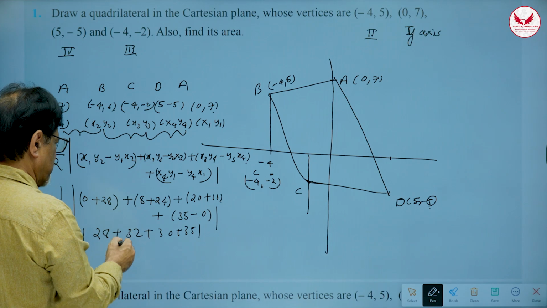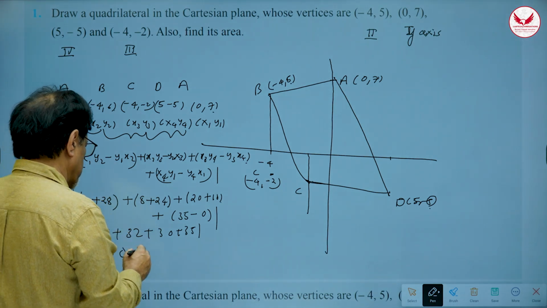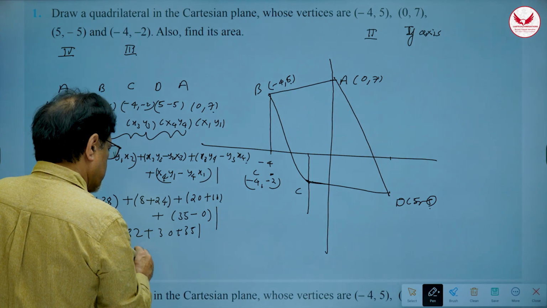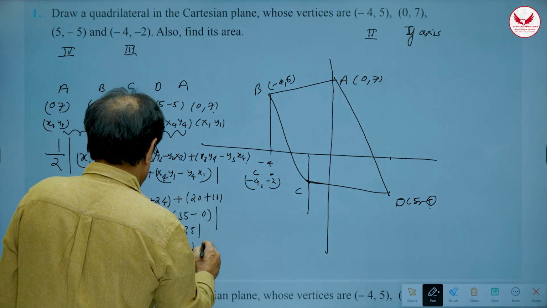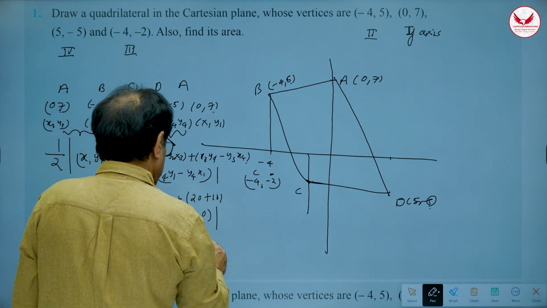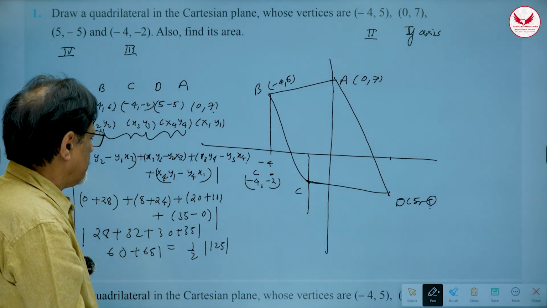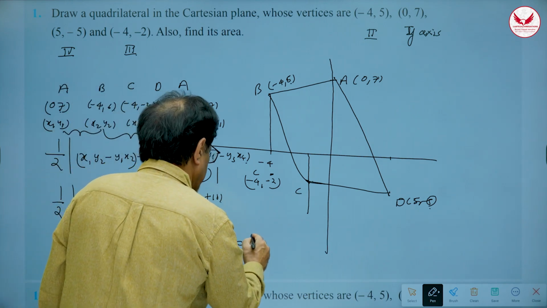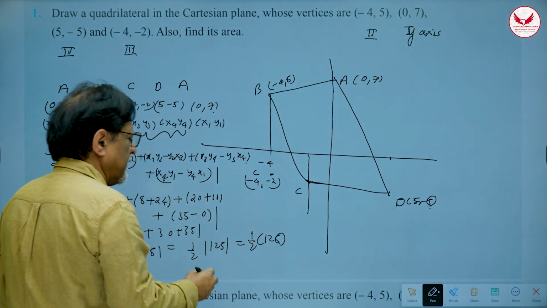Because 8 plus 2 is 10, 0, carried 1. So, this will be 3 plus 2 plus 1, 5. 5 plus this will be 65. Correct? Finally, the answer is half multiplied by 125. Correct? So, this will be the answer. Because it is positive number, it will be 125. So, it is half multiplied by 125. That is the answer. Okay?